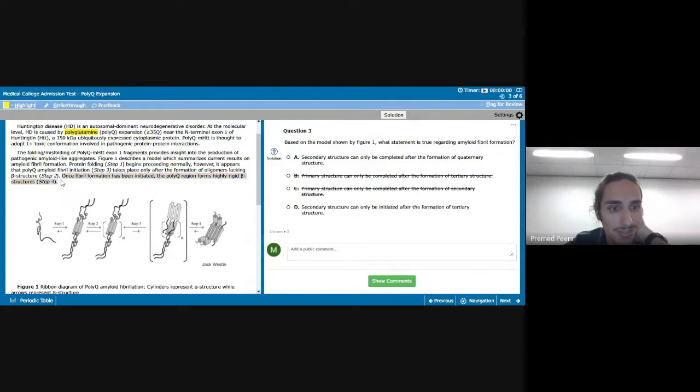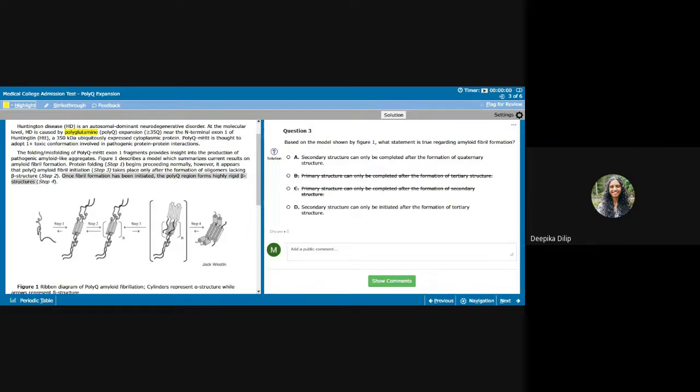Let's go to this sentence. What does it say? The poly-Q version, step 4, so it goes to secondaries at the end. It's completed after something else, so I guess it has to be A.